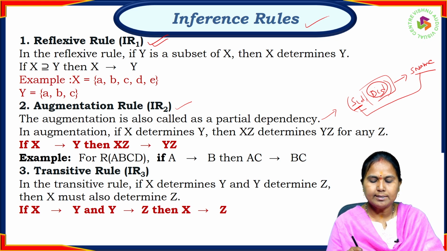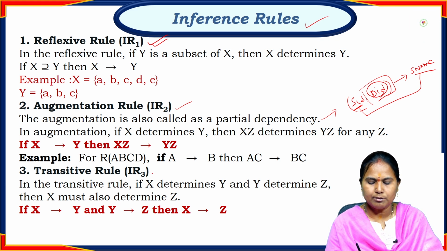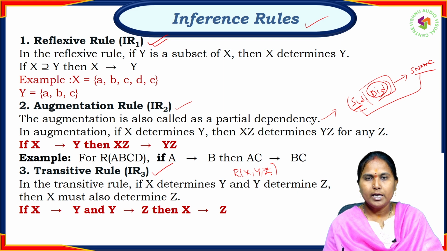This property is called augmentation. Coming to the next one, transitivity. This is the third rule. What is the importance of transitivity? Suppose R is one relation. That relation consists of x, y, z as the attributes. If x determines y, and y determines z, then x determines z.